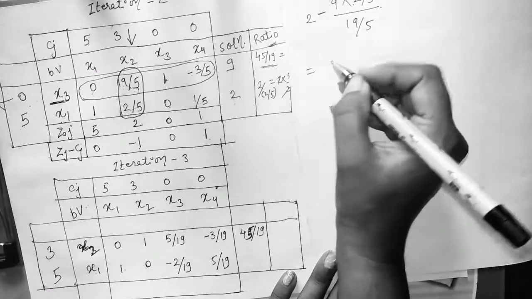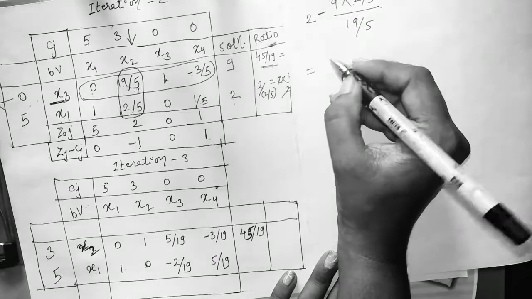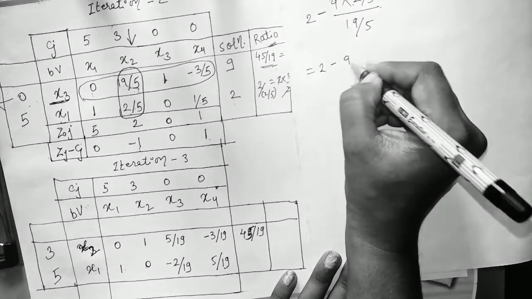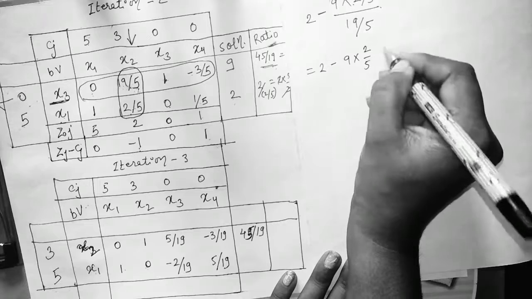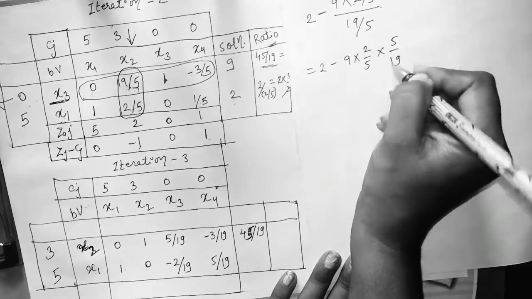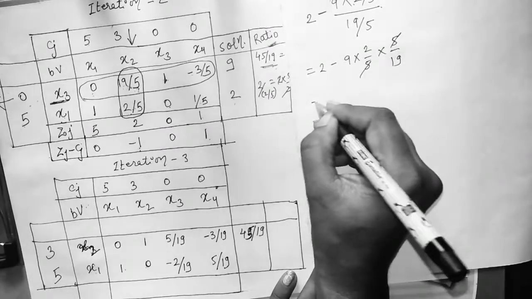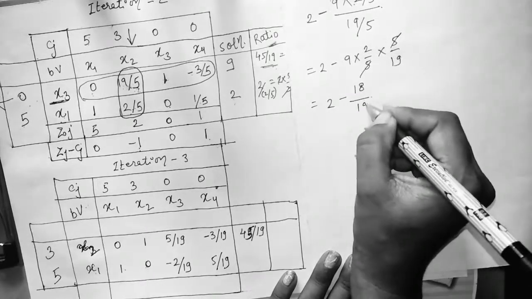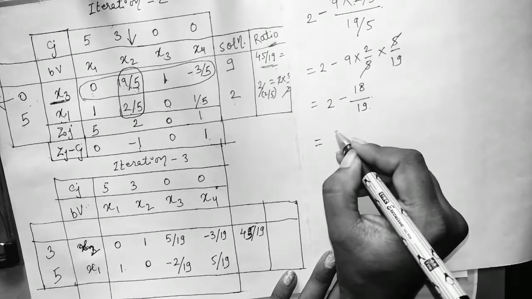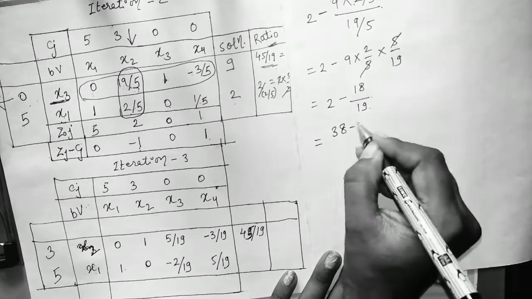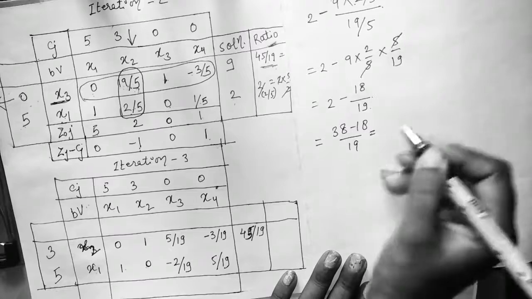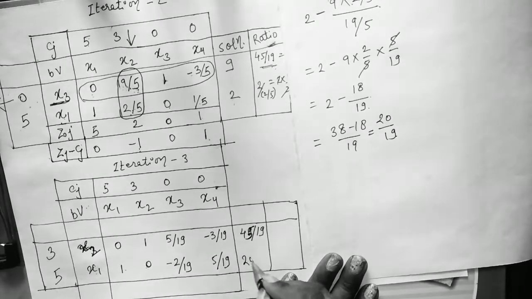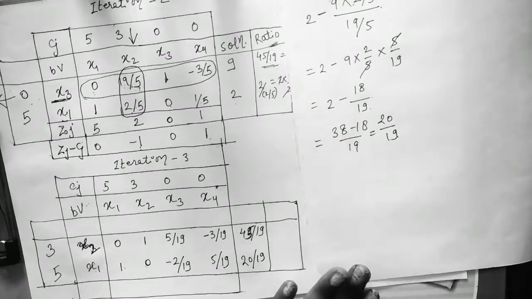So this is equal to 2 minus 9 into 2 upon 5 into 5 upon 19. 2 minus 18 upon 19. So this is equal to 38 minus 18 upon 19, that means 20 upon 19. So here we can write 20 upon 19.